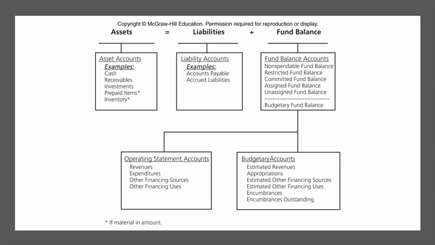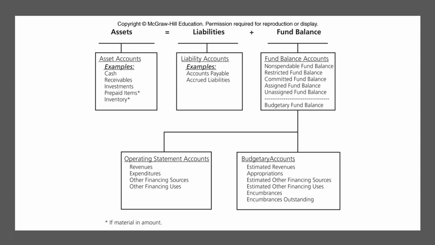And so that might be the second segment. The third segment might represent the activity. So what kind of activity are we talking about here? The fourth segment might deal with broad objects like expenditure categories: personal services, supplies and materials, debt service, interest. And then you can have a fifth level which provides even more detail.